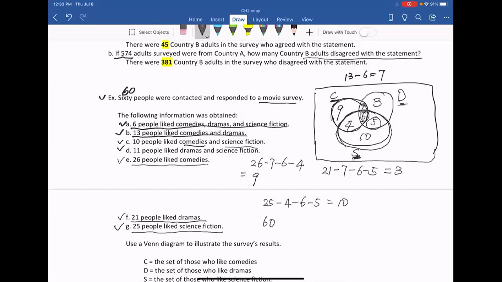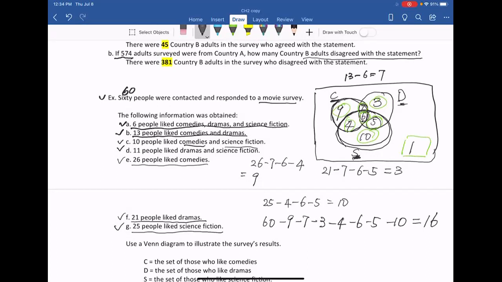So 60 minus all of this information I provided here. So minus this, and this. So I can put a number here. So 60 minus 9 minus 7 minus 3 minus 4 minus 6 minus 5 minus 10 equals 16.